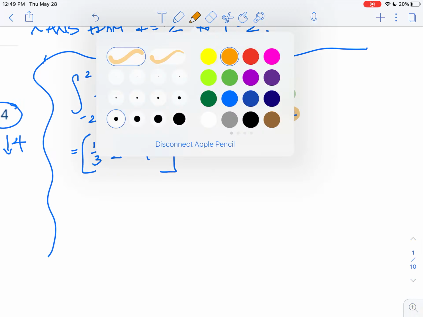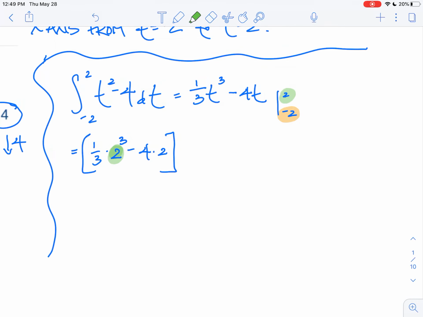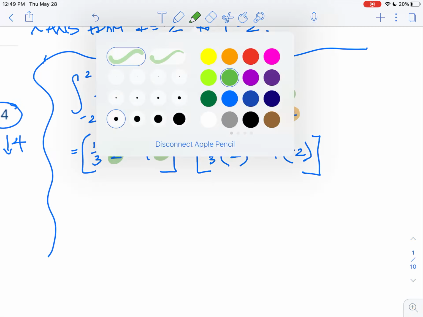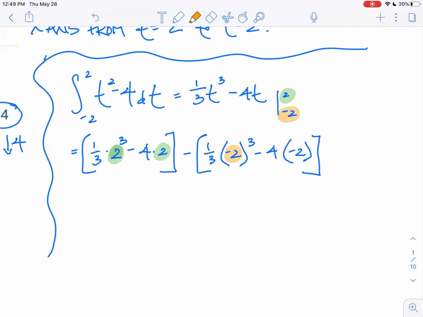All right, so that is when I plug in my B value, minus 1/3 times -2 cubed minus 4 times -2. And that is when I plug in the A value of -2.